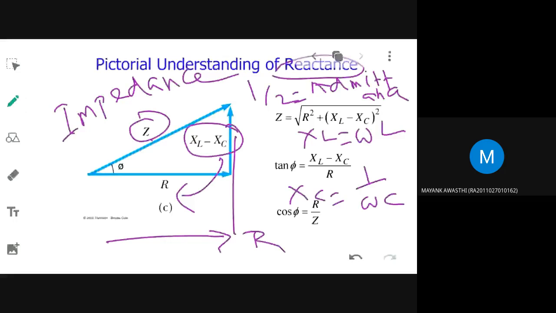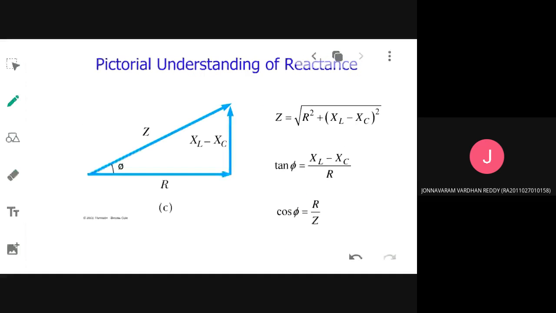So this is called as what triangle? It is called the reactance triangle or impedance triangle, anything. Sometimes they will ask you to draw this diagram for 4 marks, so you need to know how to draw it.